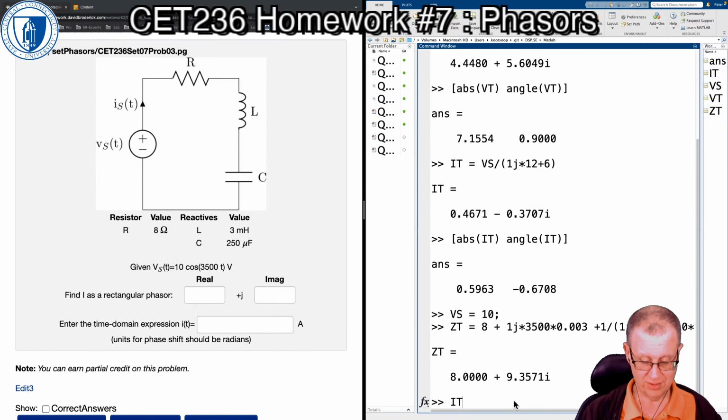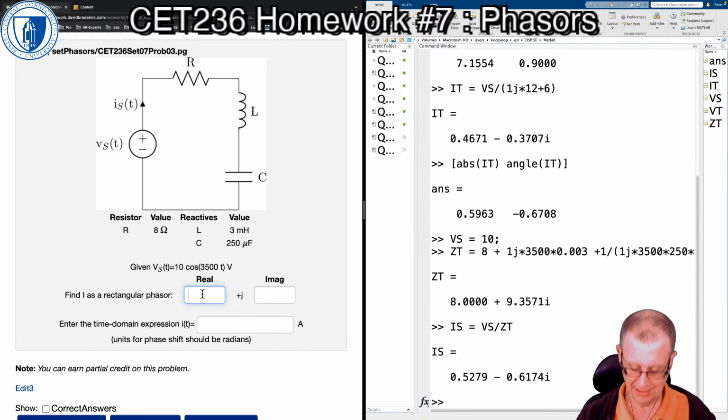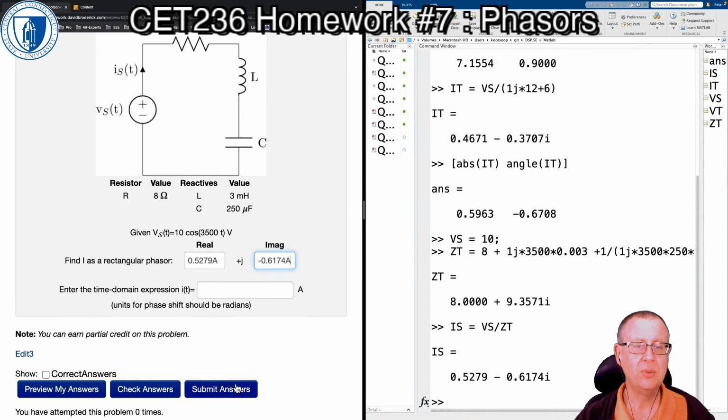So our current IS is going to be Vs, which is, as we said, just 10 divided by ZT. So there it is, 0.5279 and minus 0.6174, and I'm wondering whether we need amps for those.